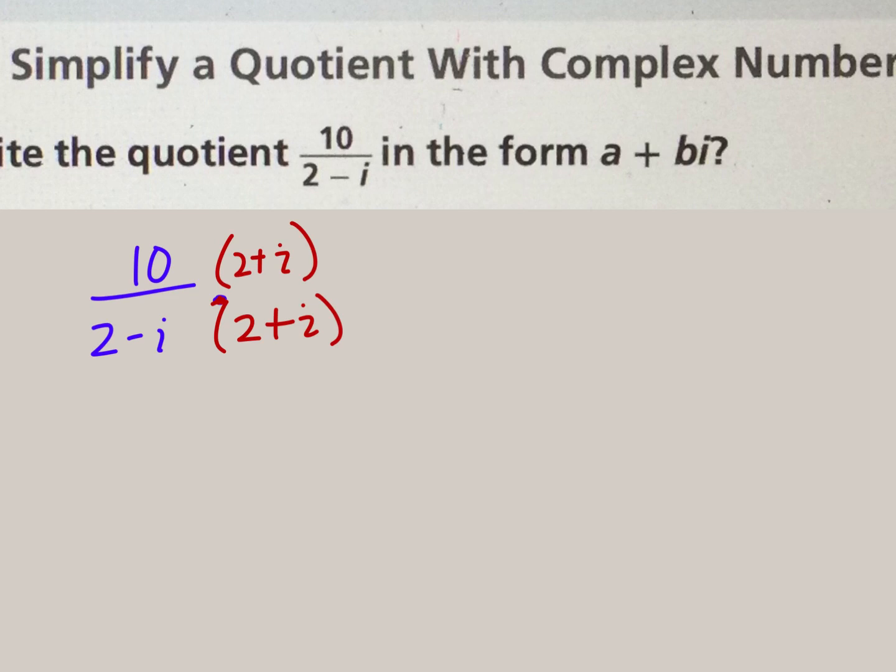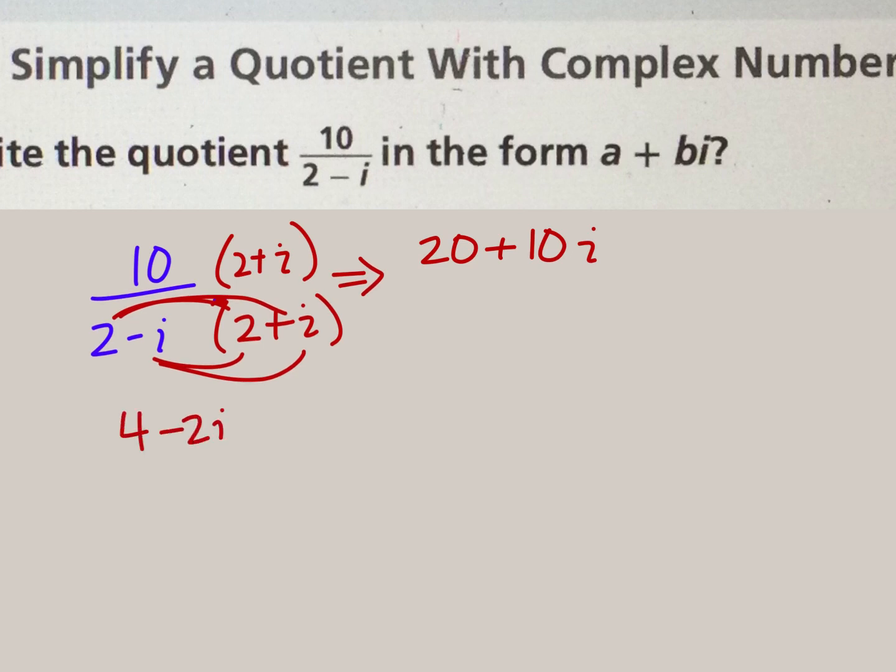On the top, I'll go ahead and multiply that. That's going to give me 20 plus 10i. And on the bottom, remember, I still have to do this double distributing, so I'm going to work that out underneath. 4 minus 2i plus 2i minus i squared. Those in the middle will cancel, and this i squared is -1, which is going to become +1.